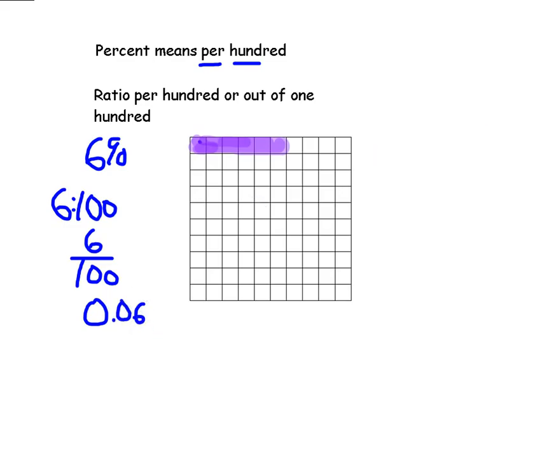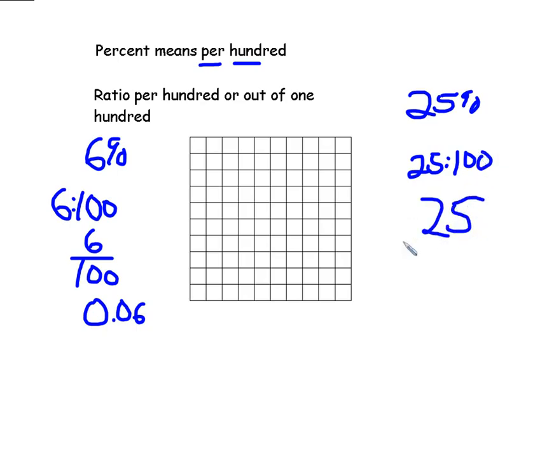Let's look at one more before we go on. Let's think about 25%. That would be 25 out of 100, or 25 hundredths, or 0.25.